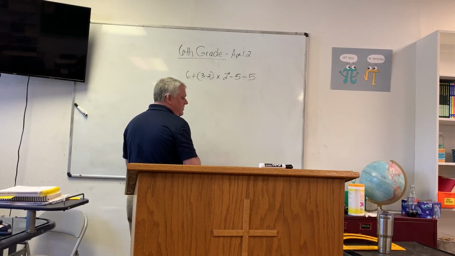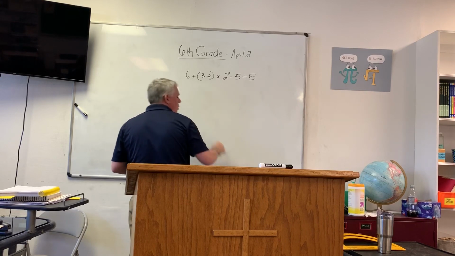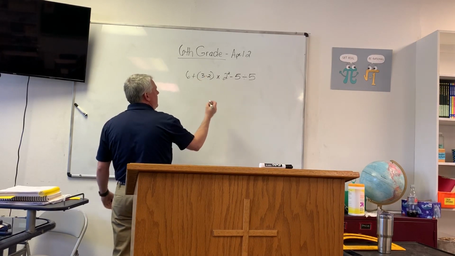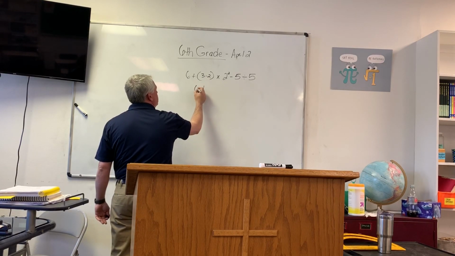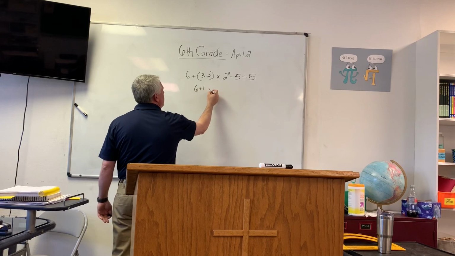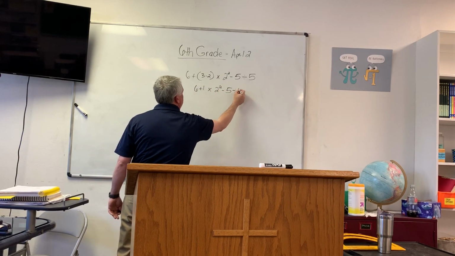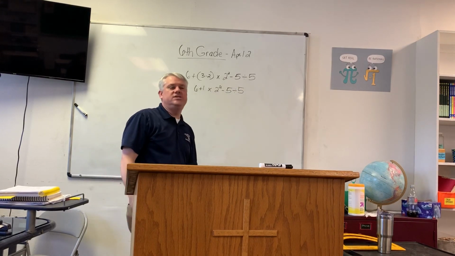All right. So I can either rewrite the problem as I go, and that's what I'm going to do as we solve each step. So 3 minus 2 would be 1. All right, so now I've got 6 plus 1 times 2 squared minus 5 divided by 5. Next in my order of operation, it says to solve powers.